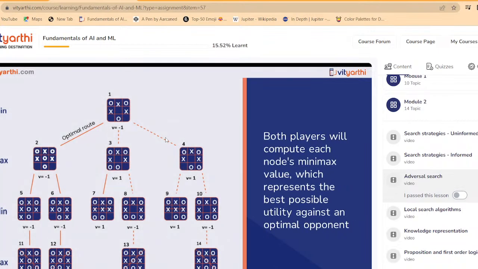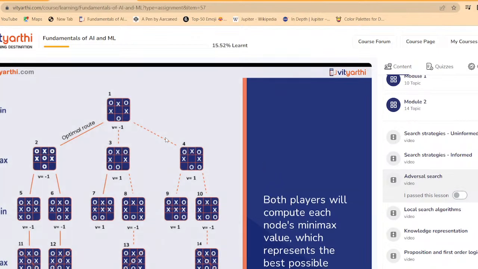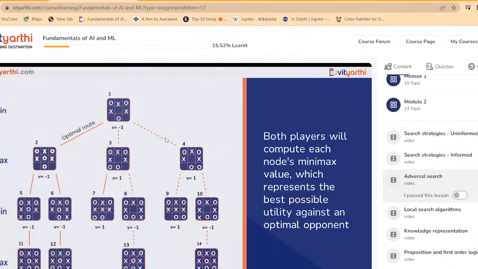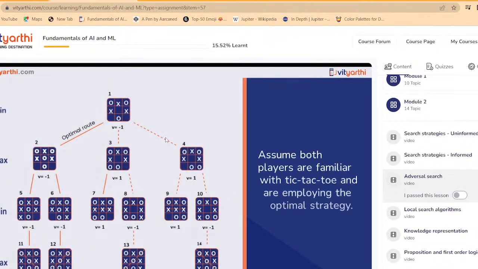Both players will compute each node's minimax value, which represents the best possible utility against an optimal opponent. Assume both players are familiar with the tic-tac-toe game and are employing the optimal strategy.